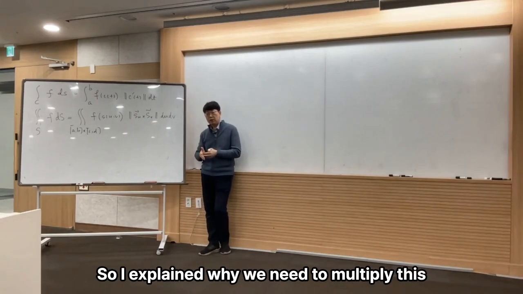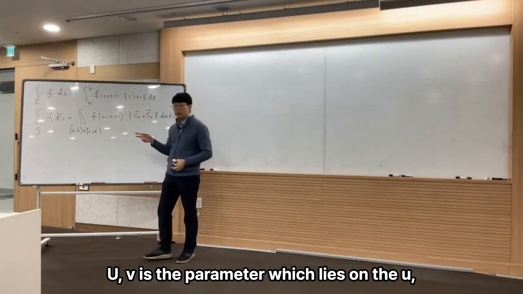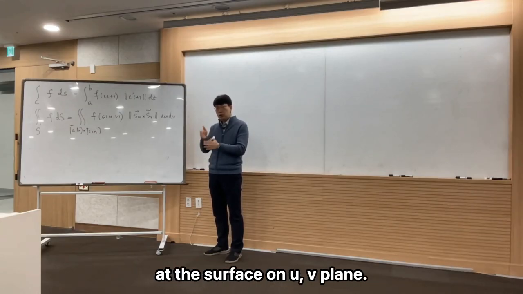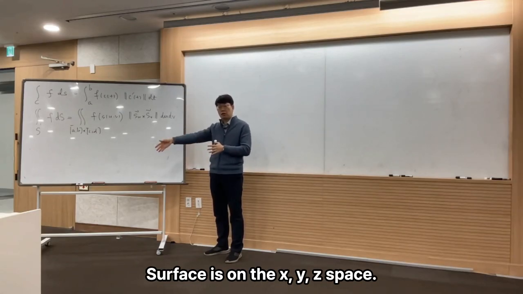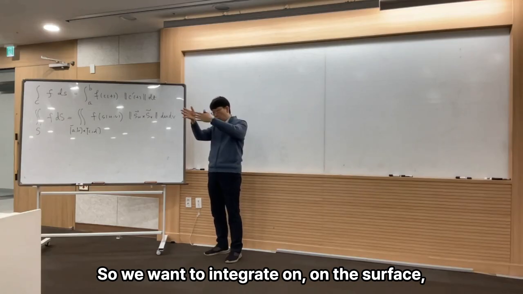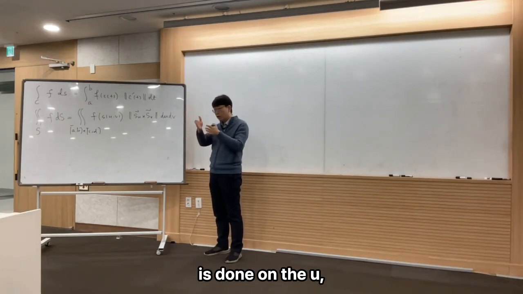And the integrand is the value of the function at the point on the surface, multiplying the size of a cross product. So I explained why we need to multiply this. So what is uv? uv is the parameter which lies on the uv plane on the rectangular domain, and we are not looking at the surface on the uv plane. Surface is in the xyz space. So we want to integrate on the surface, but the actual calculation is done on the uv plane.